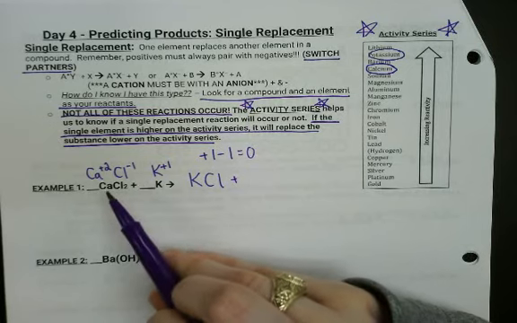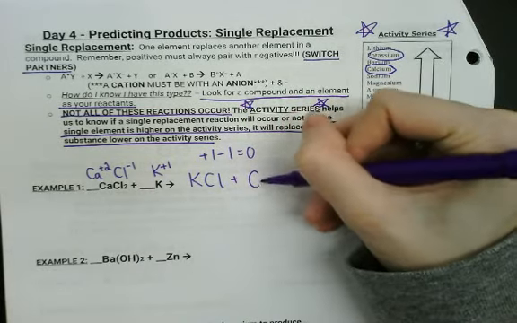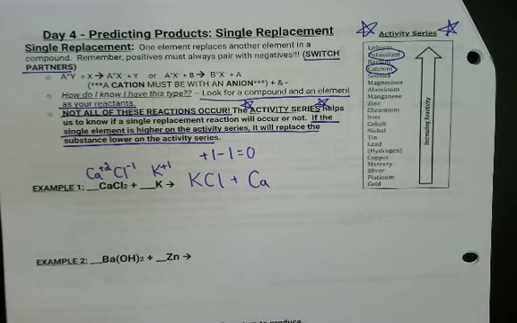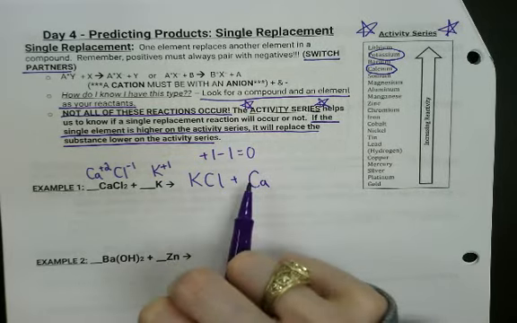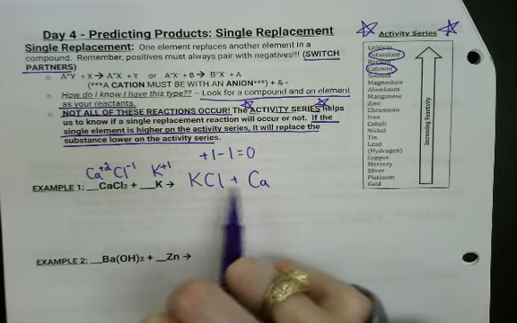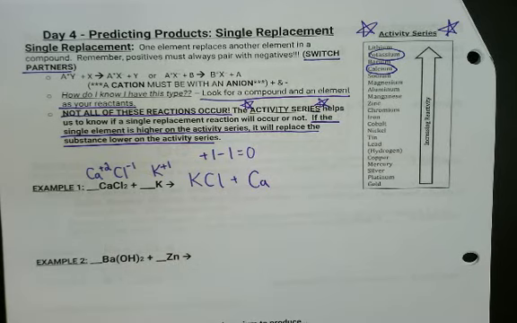And all that's left for me to do now is write calcium by itself. Potassium kicked calcium out of that spot, and now we have potassium chloride and calcium.